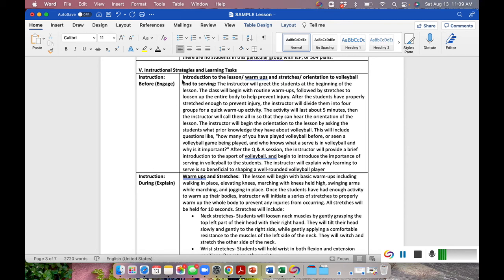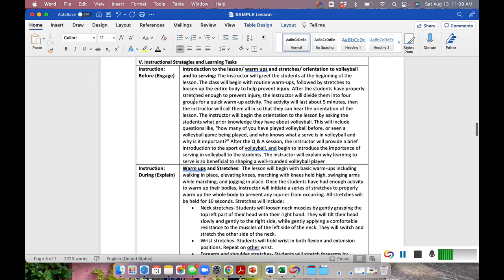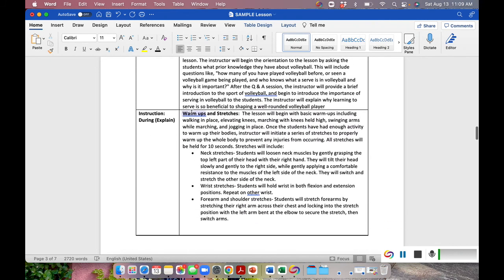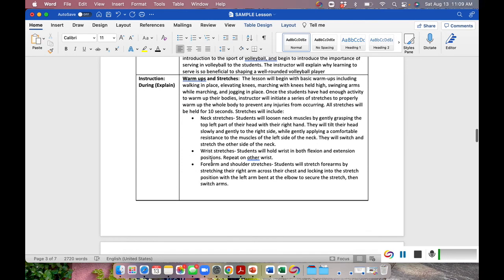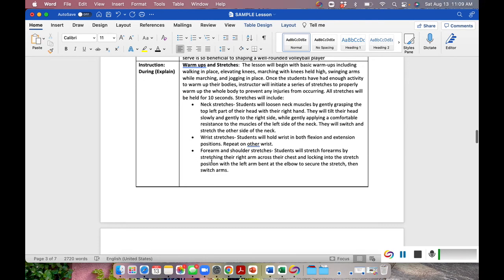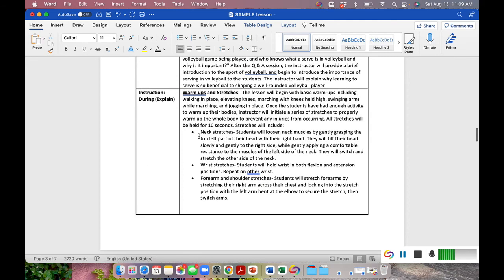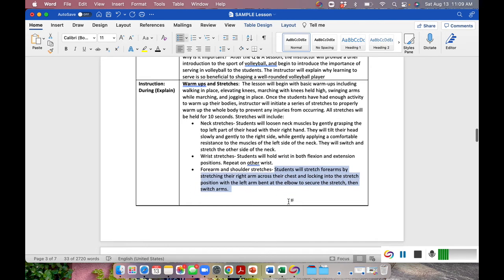Okay? So what I want you to take away from this part, your instruction, your warm-up and stretches, is the level of detail. This isn't just warm-up and stretches, neck stretches, wrist stretches, forearm. You need to describe how the students are going to do this. So the how is very important here.